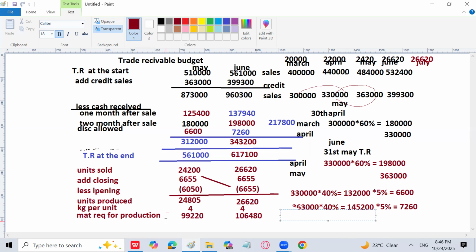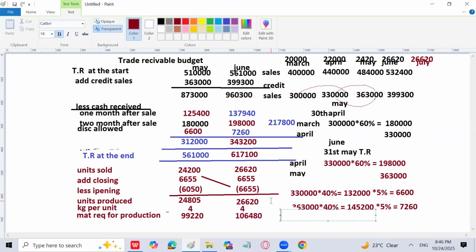And now I'm going to add the closing units for material required for production, the closing units. That is 106480 at 50%. And for the next, because the production requirement is going to be the same for July, we will get the production requirement. And less opening will be the previous. And 1.5 per unit is the price per kg.